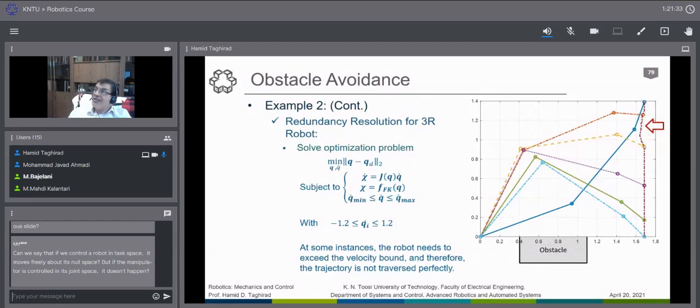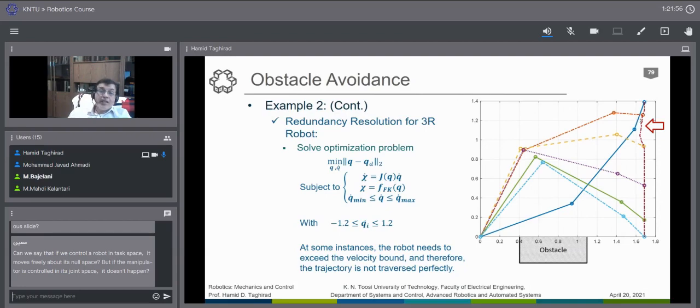You will see that since we are limited to this speed, somehow the trajectory will be distorted here. It cannot go quite fast. This means that we couldn't solve the exact problem that we would like to have, x dot is equal to J(q) q dot, because of this limitation here.